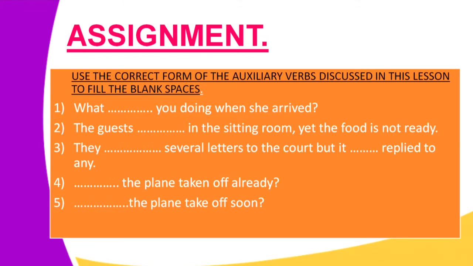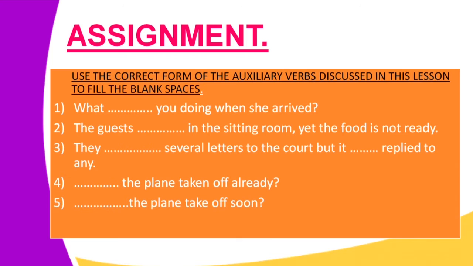it replied. Assignment. Use the correct form of the auxiliary verbs discussed in this lesson to fill in the blank spaces. Number 1, if I could assist you with number 1, what ___ you doing when she arrived?